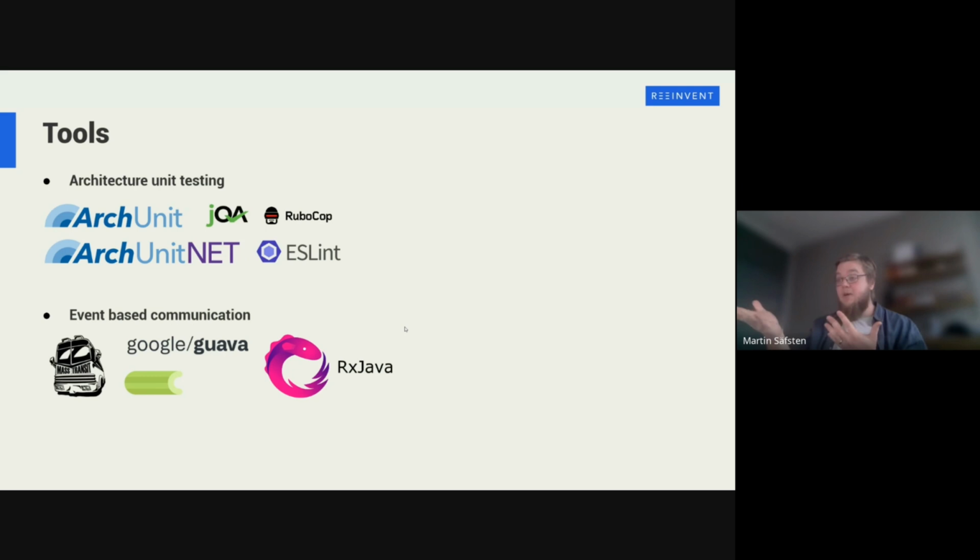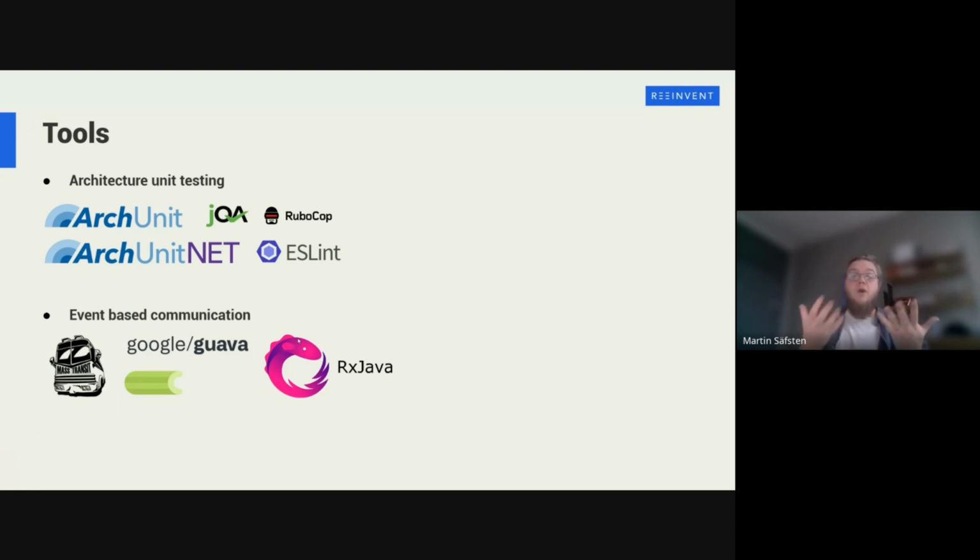But I did some Googling about the topic, and I've used Reactive Extensions in Java, in Android, and I know that is also a way of communicating. And there was something called Celery for Python, which seemed to have some parts of this. So having a good way of creating asynchronous communication between modules inside the modular monolith, you're going to have good low coupling of modules that are not dependent on each other a lot.